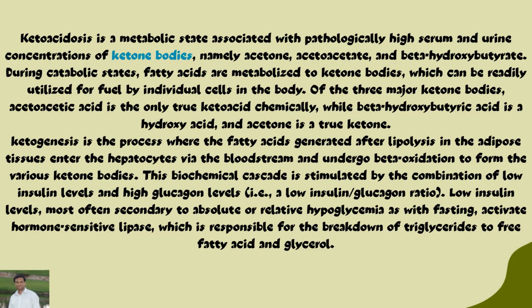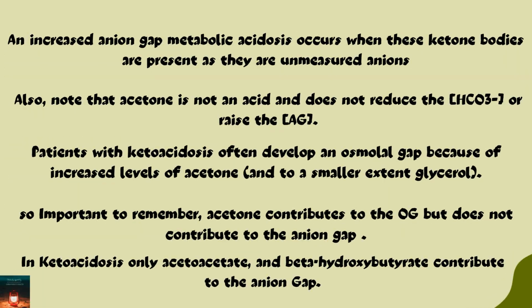And to emphasize again, acetone does not contribute to the HAGMA. So this is to summarize that ketoacidosis is acetoacetate, beta-hydroxybutyrate and acetone, and acetoacetate and beta-hydroxybutyrate contribute to the high anion gap, whereas the acetone contributes to the osmolar gap.